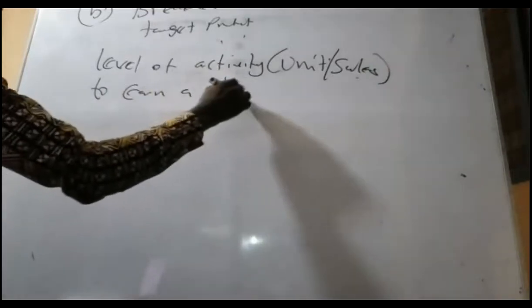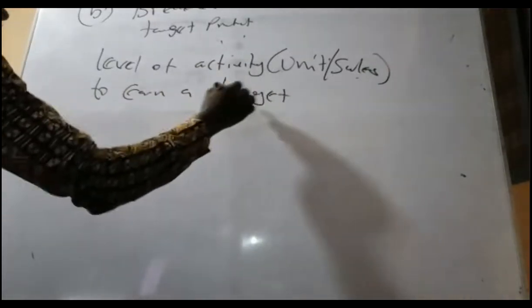Or, in fact, the real name is like this: level of activity, the bracket unit, or sales, to earn a target profit, target or required profit.